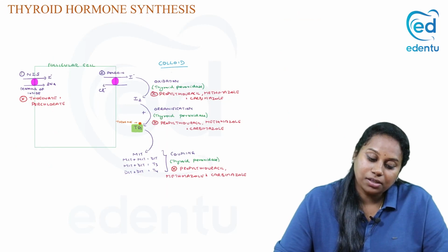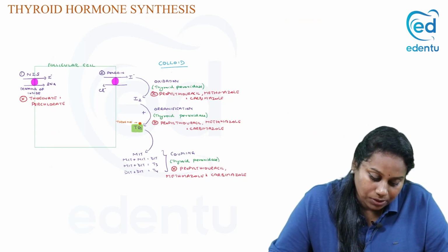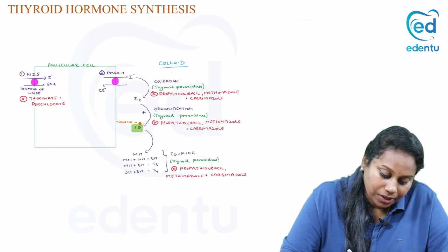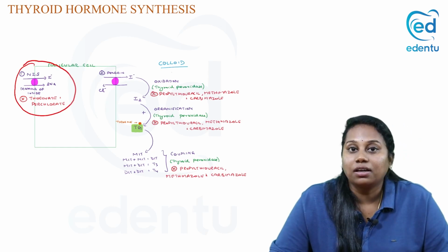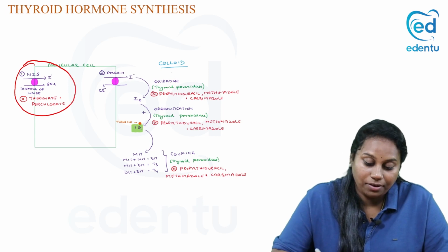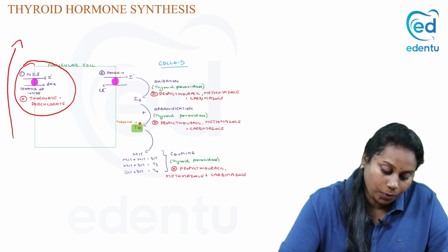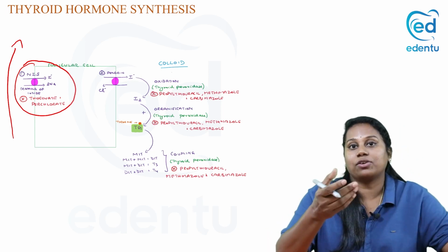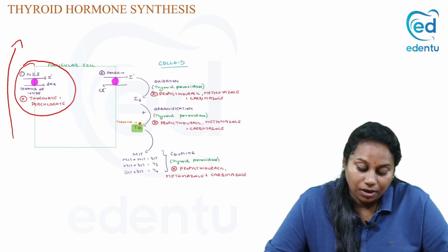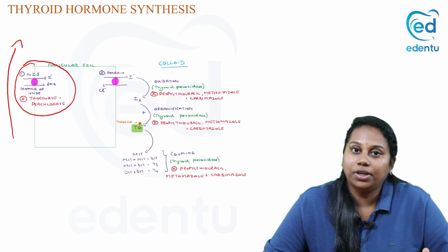So what are the steps in hormone synthesis? So starting with the first step, trapping of iodide. So this is done by your follicular cells. So you have arrangement of follicular cells, and this is the blood flow. So when blood flows across the follicular cells, the iodide which is present in the blood.